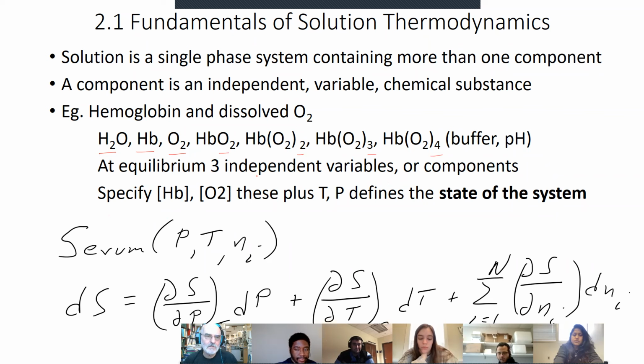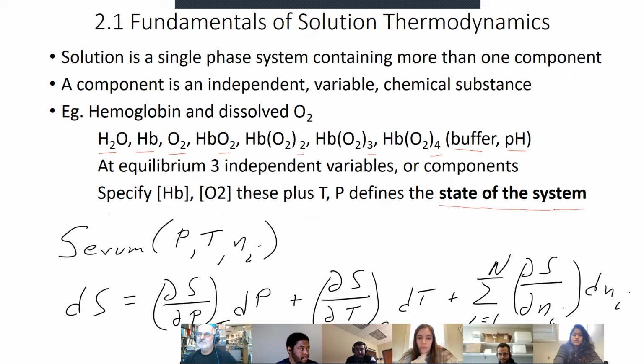There's still only one component, though. There's hemoglobin that is in reaction with the component oxygen in the solvent water, and we're ignoring the fact that the solvent probably has a buffer at a particular pH. So at equilibrium, there are 3 independent components. Okay, 3 independent components. Now, what we want to do, therefore, is define the state of the system.